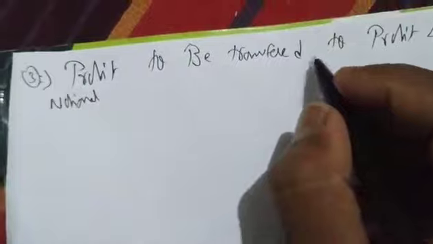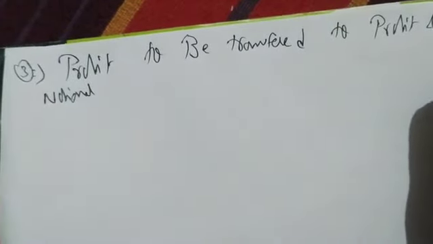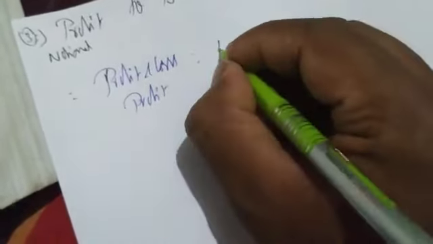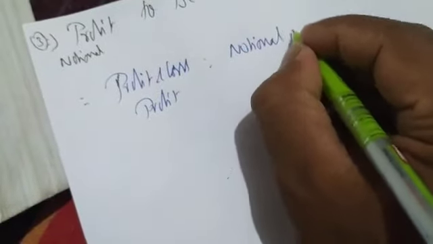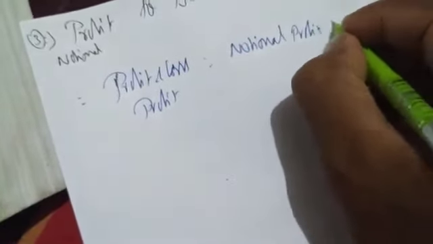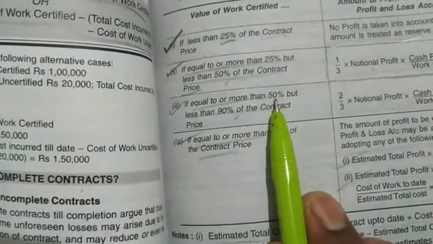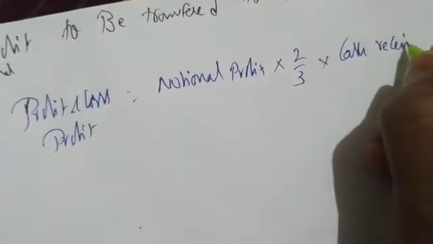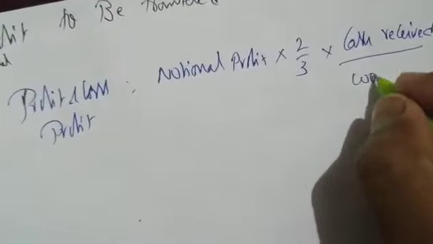Which profit is this? Notional profit. The formula: profit to be transferred equals notional profit into 2 by 3 into cash received by work certified.